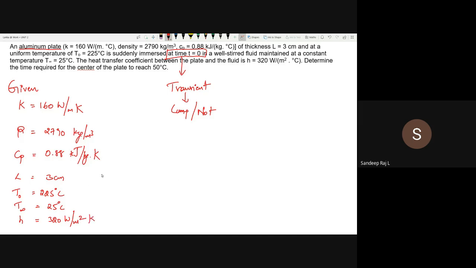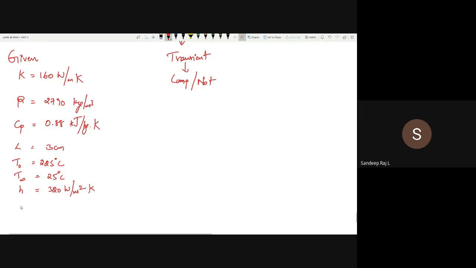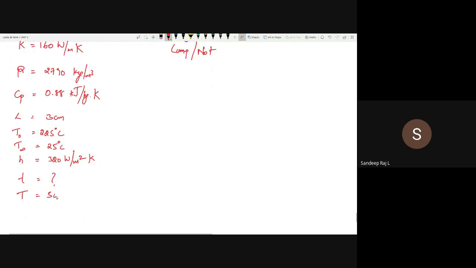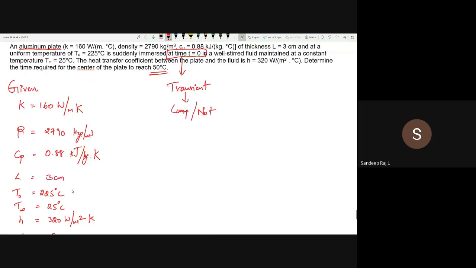And it is asking you to find time. What is time if the temperature has to reach 50 degrees centigrade? So that's what is given in the question. Whatever is given in the question, you have written.